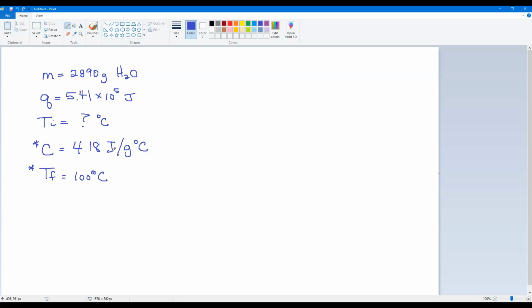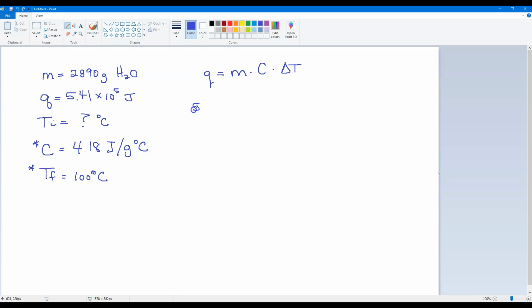So we'd have to look up these two constants, the heat capacity for water and the boiling point for water. Having this, we can now apply it to our heat capacity formula, which says that the amount of heat added is equal to the mass of the water times its specific heat capacity times its change in temperature. So I'm going to add my information in.